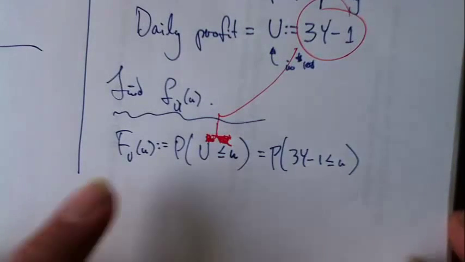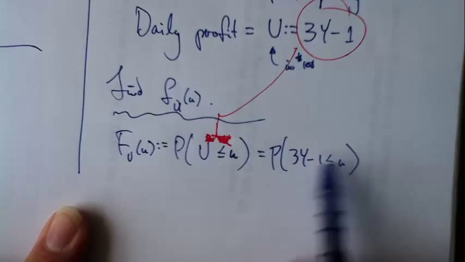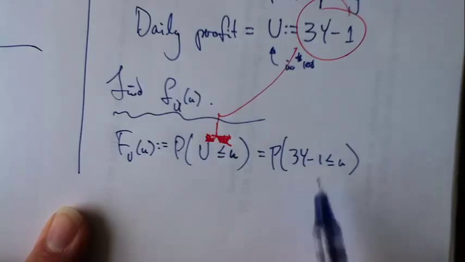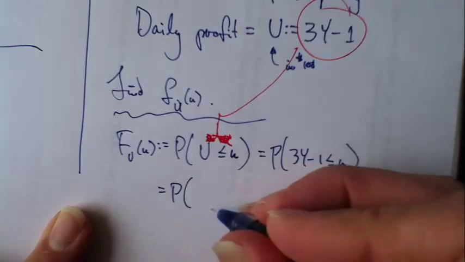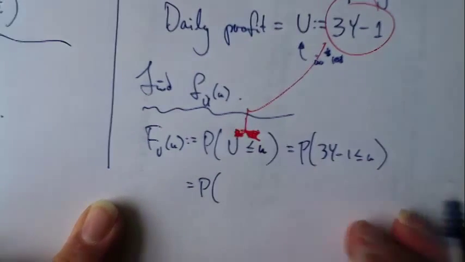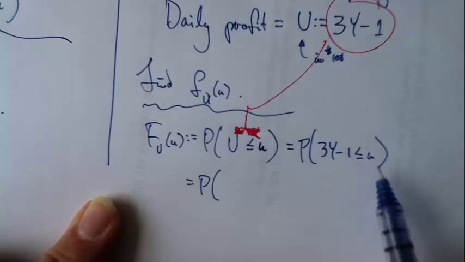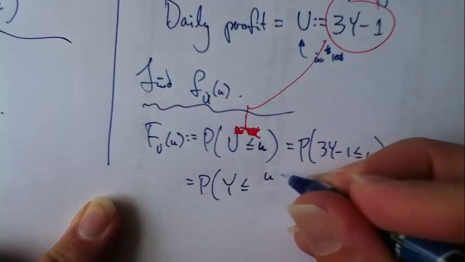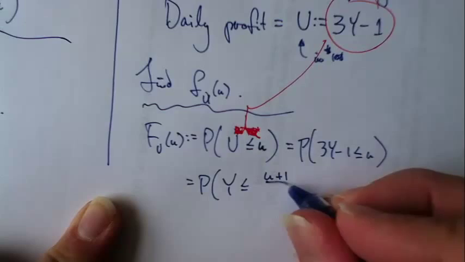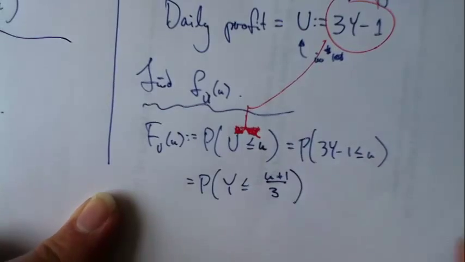Pretty easy. Now I'm just going to solve this little inequality for y. I'm going to get y by itself. It's going to be little u plus 1 over 3. So y is less or equal to little u plus 1 over 3.